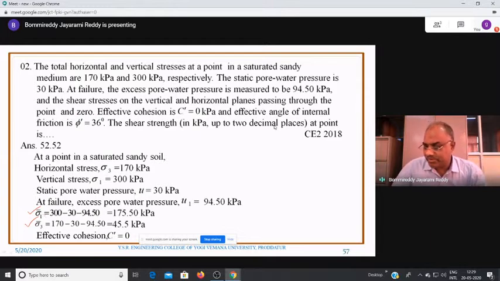So sigma 1 bar is sigma 1 minus pore water pressure at the beginning, and again minus excess pore water pressure at the end. Find out the effective stresses sigma 1 bar and sigma 3 bar by deducting those two. So you will get sigma 1 bar and sigma 3 bar.